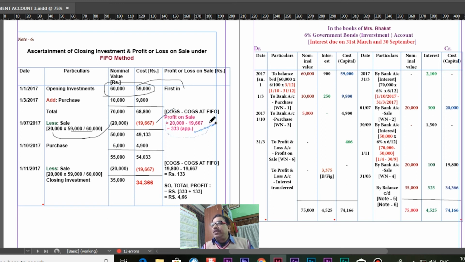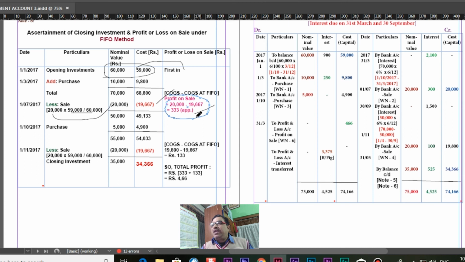There is a difference and that difference is nothing but profit. At the same time, that sale was made at 20,000 rupees and we got 50,000 and here 49,133. Naturally, again there was a purchase, 5,000 at 55,000. Its cost was 4,900.